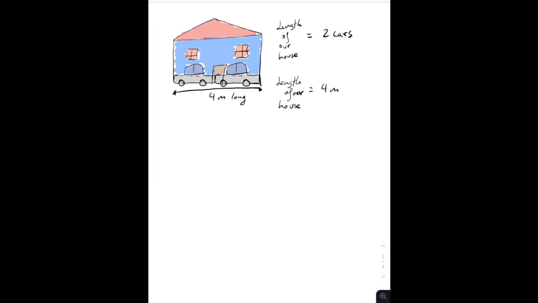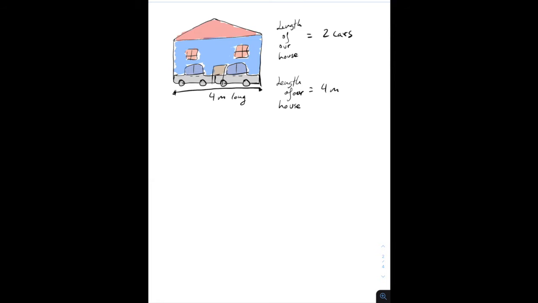This brings me to my next point: history has shown that humans have the ability to do the same thing in many different ways. For example, we measure length in meters. We could measure it with cars, as in the example above. We could measure it in inches, in feet. So what we need is a system that allows us to convert from one unit to the other.